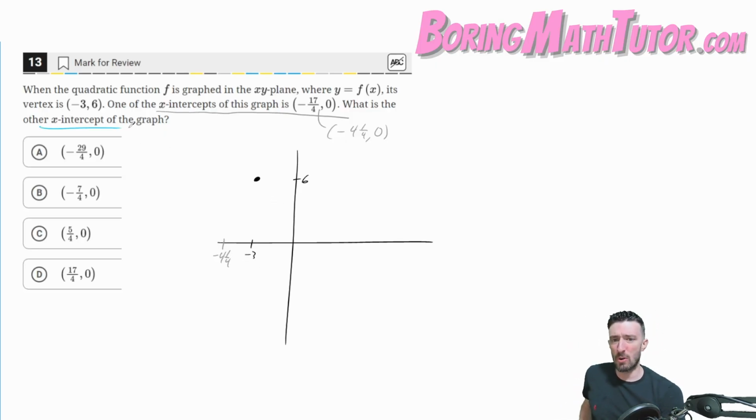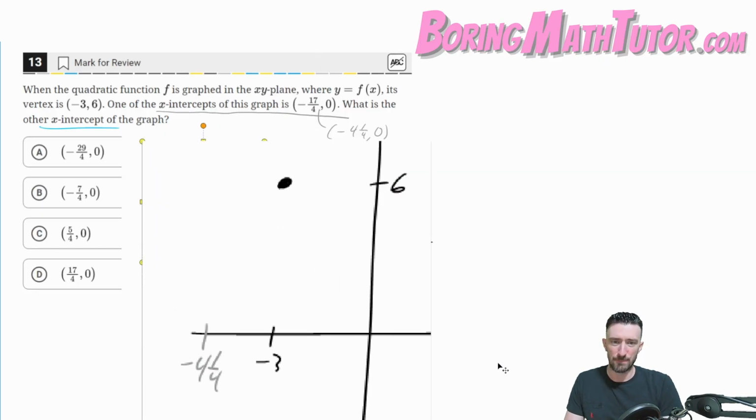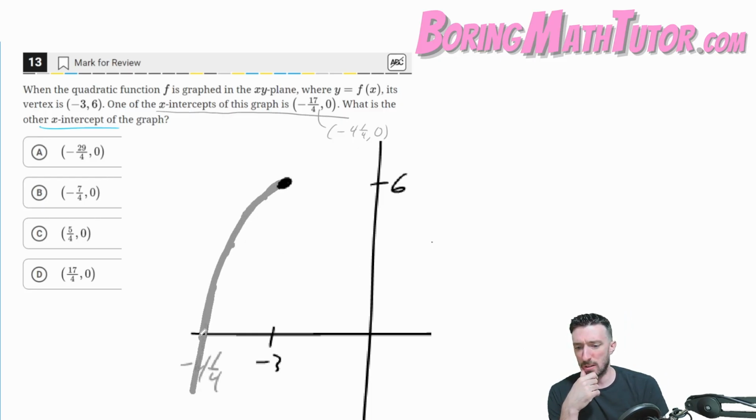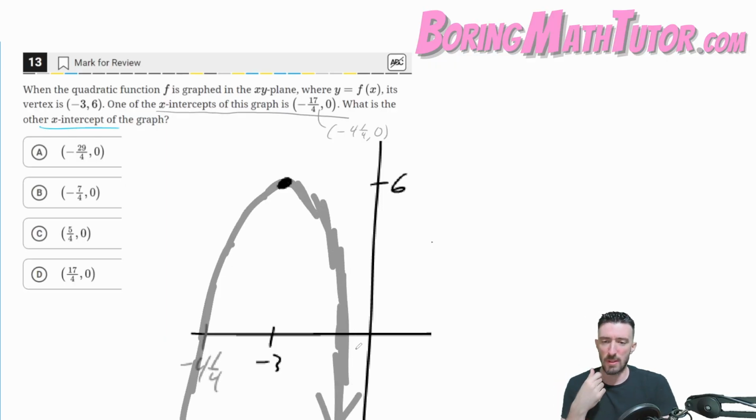And now they want to know where the other x-intercept of the graph would be. Well, the most important thing to do here is just to focus on the part that we actually need. And that would mean that we can sketch out what's going on here. And I guess that other x-intercept would land somewhere around there.